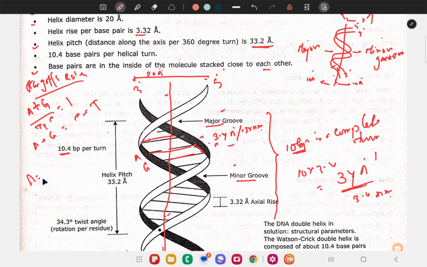Adenine always binds with thymine by 2 hydrogen bonds, and guanine always binds with cytosine by 3 hydrogen bonds.